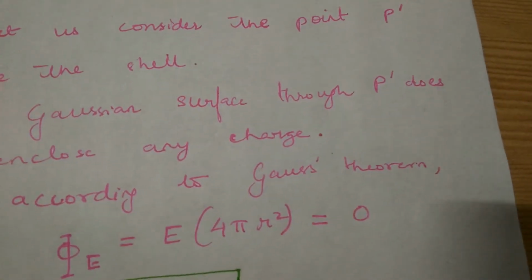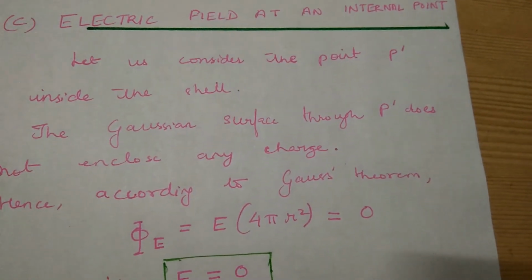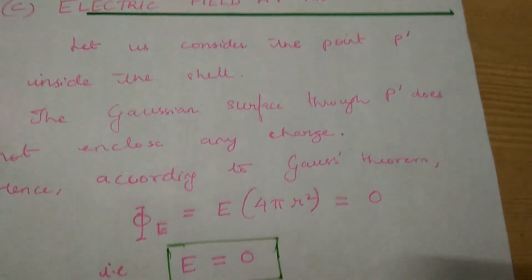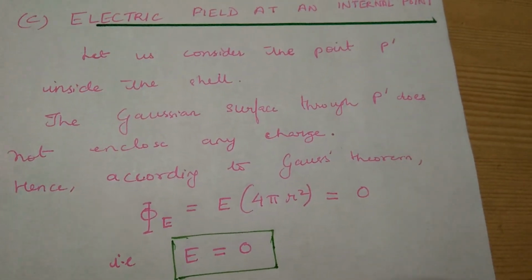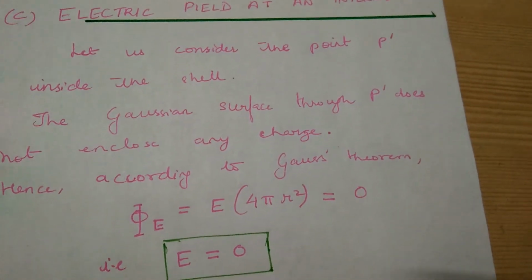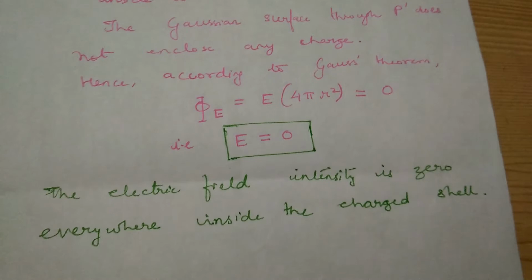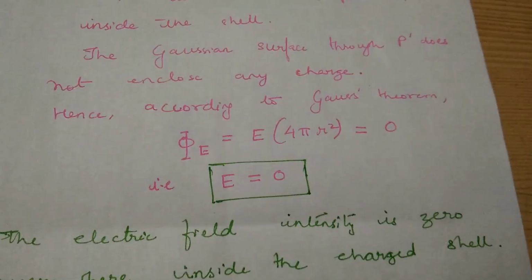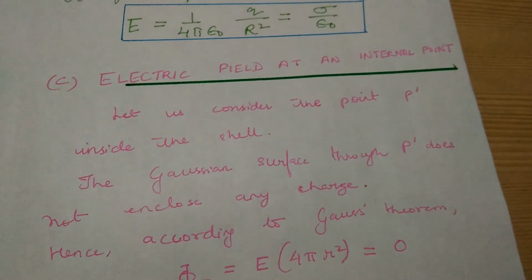But this now becomes equal to 0 because P dash does not enclose any charge. Q is 0. Inside the shell there is no charge, it is hollow. So when you equate, E is equal to 0. So electric field intensity is 0 everywhere inside the charged shell. So three parts: external point, point on the surface, and point inside.